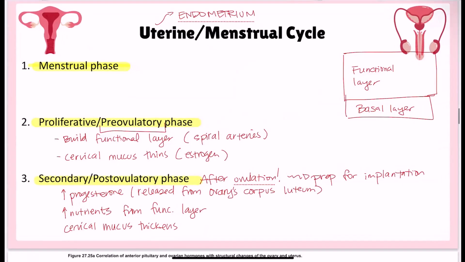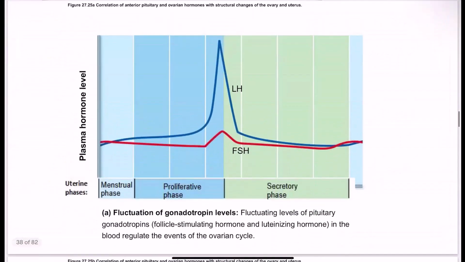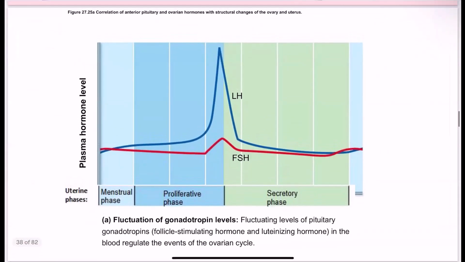So we're going to look at a lot of graphs to show you how all of these things work. This slide is showing you how the levels of LH and FSH vary throughout the uterine cycle.